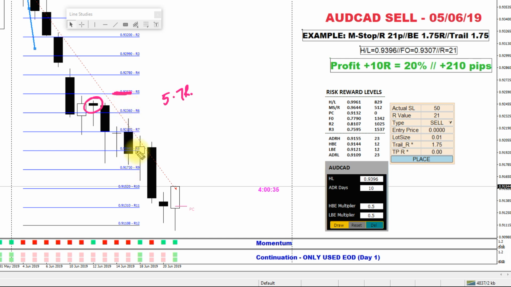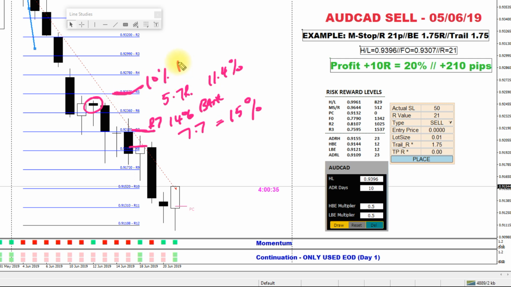We had opportunity to get out here, I think at about 7.7, say, so about 15%, and there's about 11.4%. But our stop was at R7, so we'd already banked 14% in the bank. In this case here, 10% was in the bank.